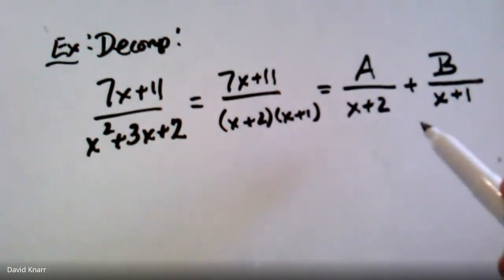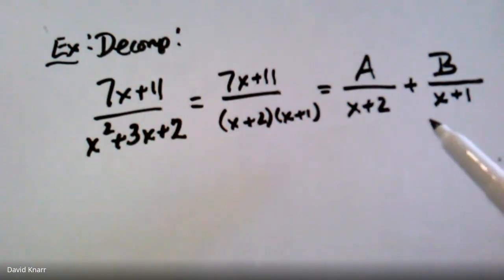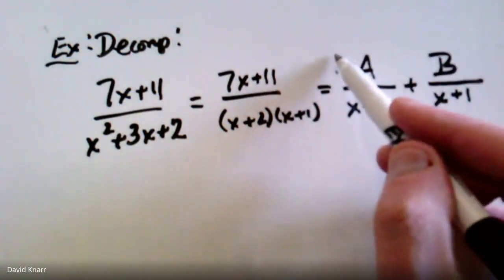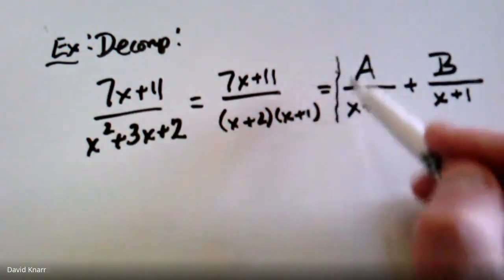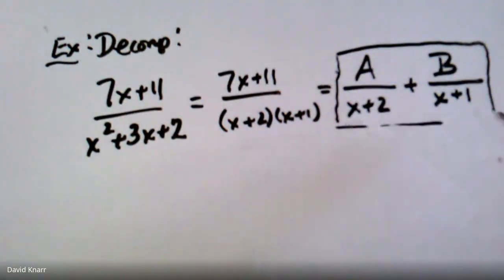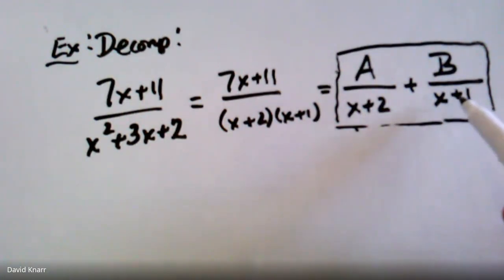What you're going to do is you're going to re-find a common denominator, which basically I already did, using these two fractions. So you're going to actually work this problem out as if you were going to find a common denominator. The common denominator here would be x plus 2 times x plus 1.